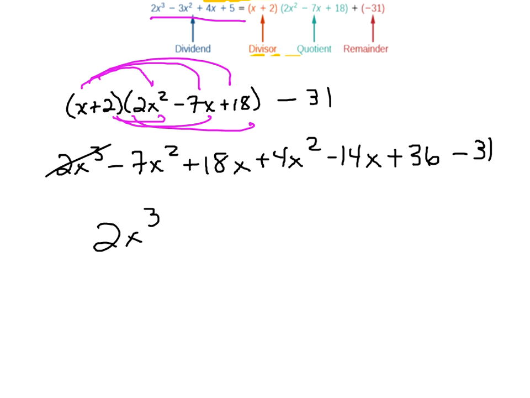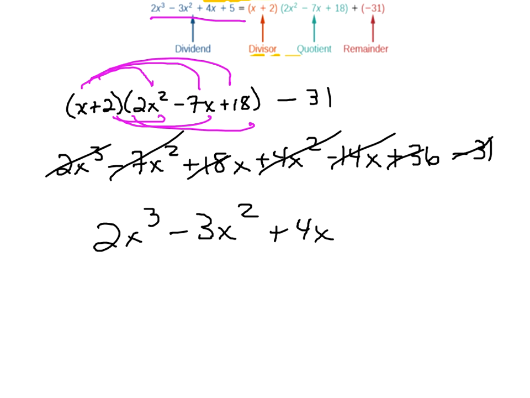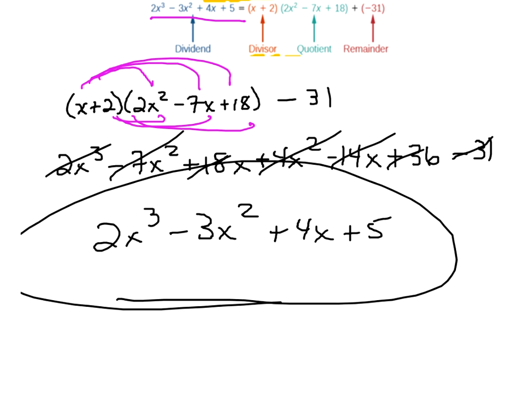So 2x cubed. I have a negative 7x squared and a positive 4x squared, which gives me a negative 3x squared. I have an 18x and a negative 14x, which gives me a positive 4x. And then 36 and negative 31 make positive 5. That's exactly what you began with. It works.